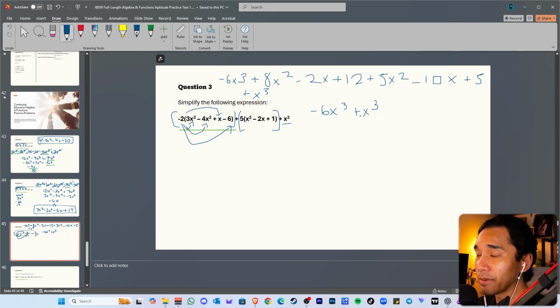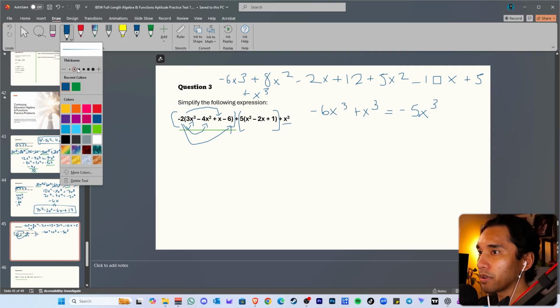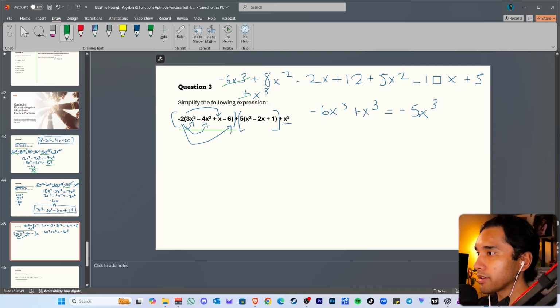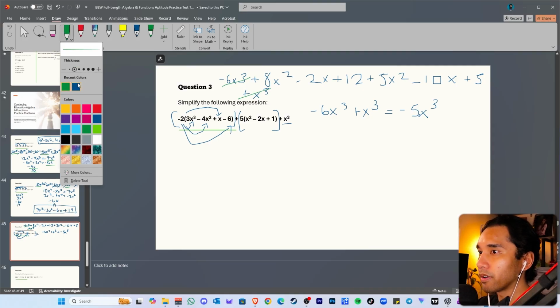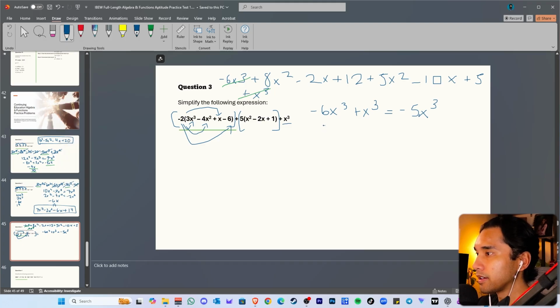So now we have to simplify further by combining. Okay, what is minus 6x cubed plus x cubed? That equals negative 5x cubed. All right, and then we're just going to cross those out because we don't need them anymore. What is 8x squared plus 5x squared? And is there any more squares?